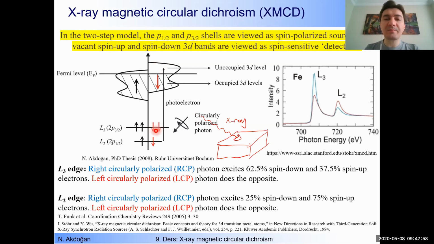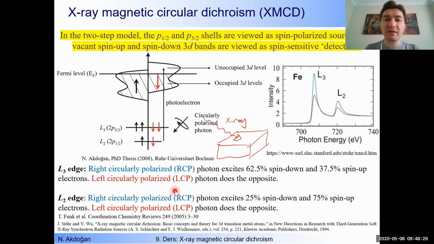So nothing will be different if you use right circularly polarized light or left circularly polarized light to excite electrons from those levels to the 3D level. But in the case of magnetic materials, the situation is completely different.